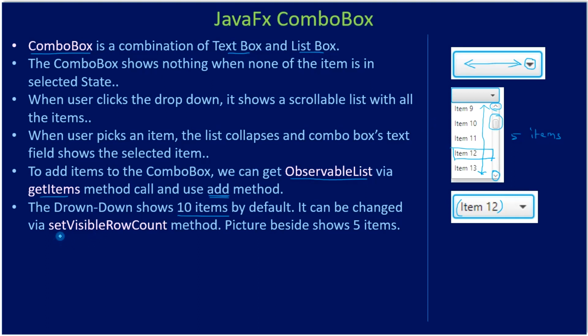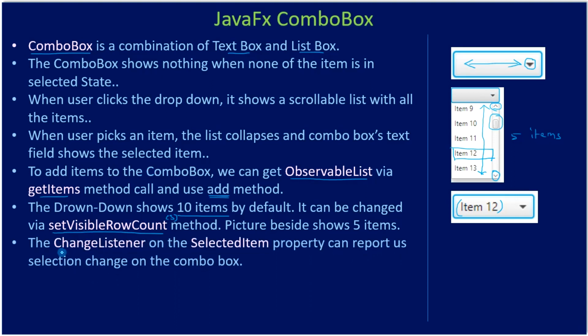So you can set number of items that can be shown or that can be visible by using this function setVisibleRowCount, and here we will be passing 5 so that it will show only 5 items when user expands the list.